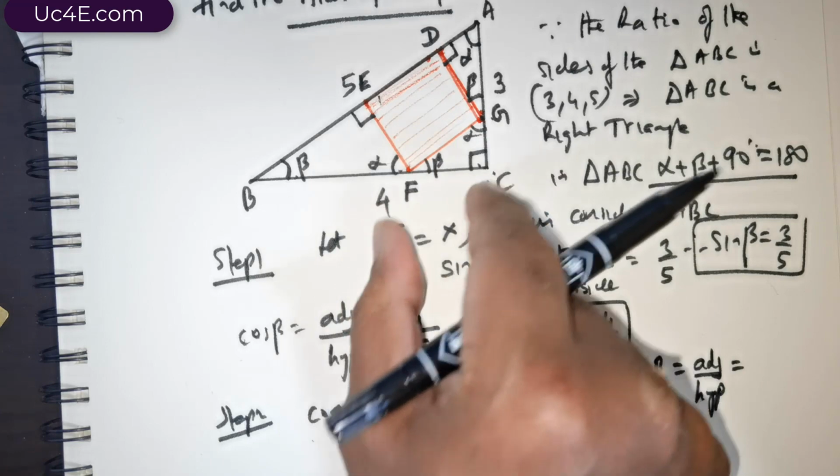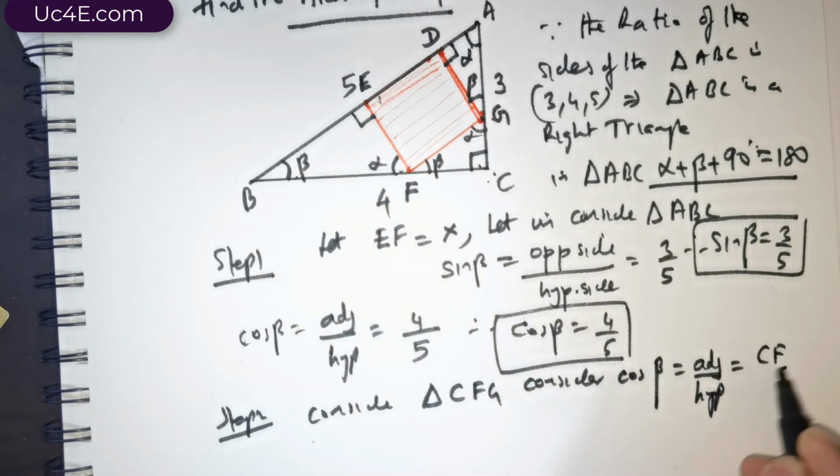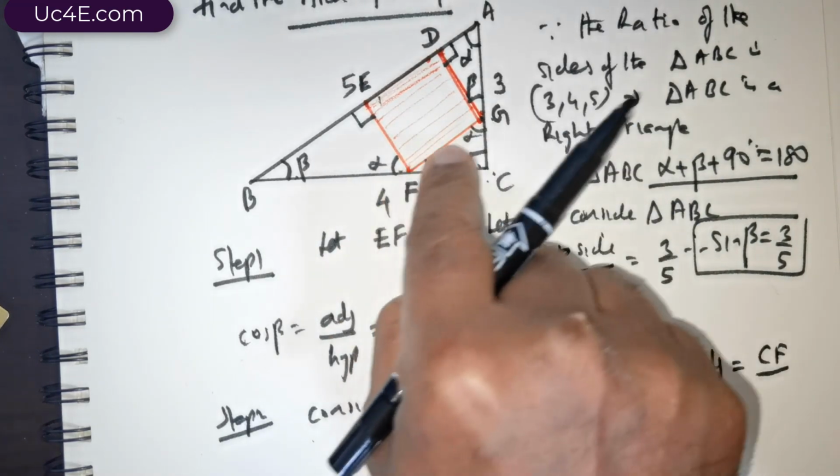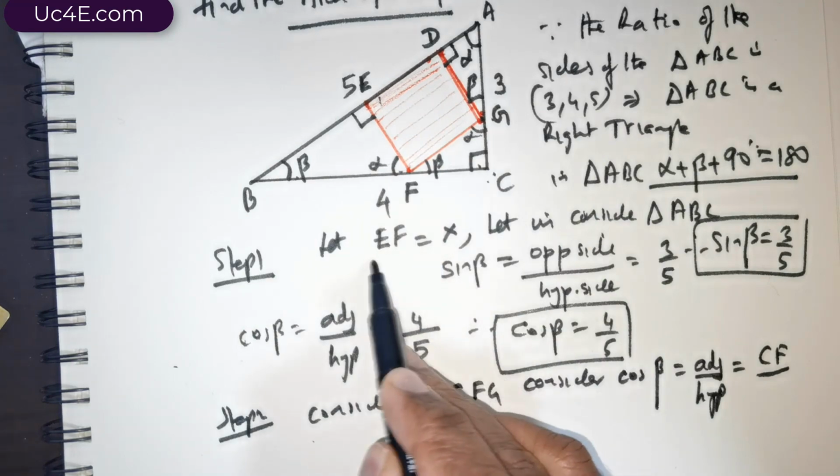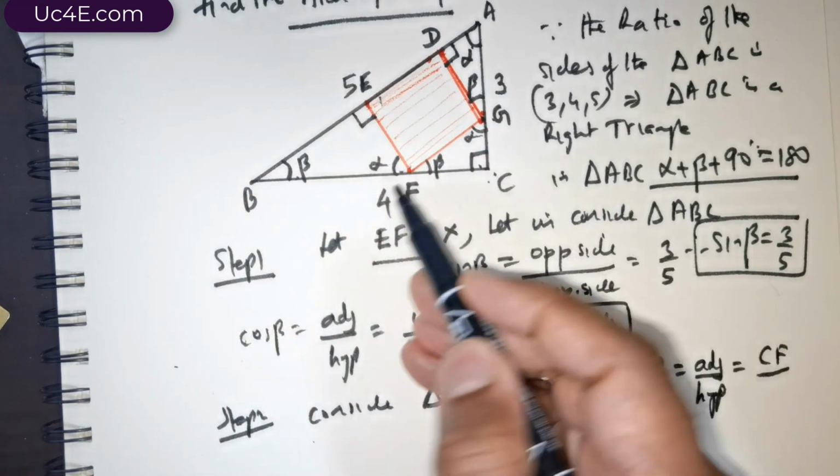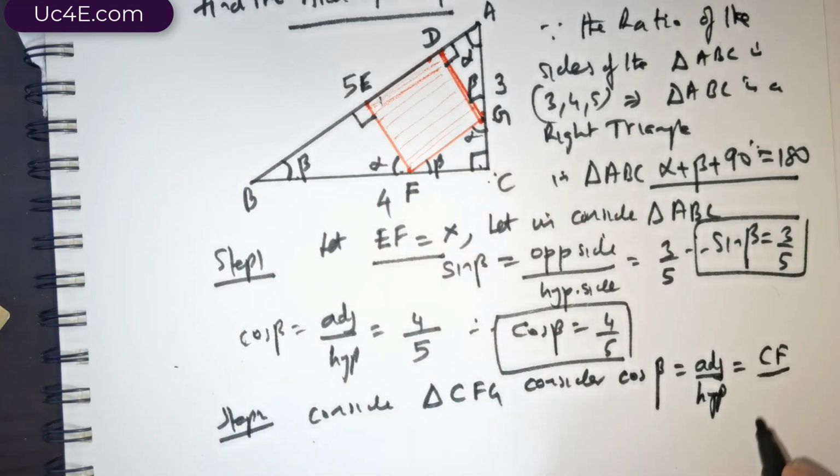What is the adjacent side? Adjacent side is CF. The hypotenuse is going to be x, because I've taken EF as x. EF is x means naturally FG will also be x. So this is going to be x.